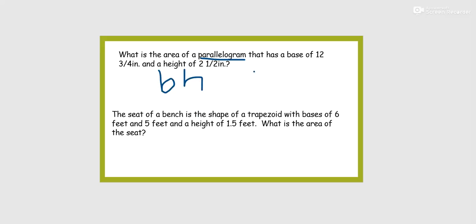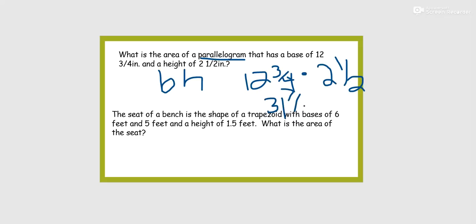So all we have to do is take 12 3/4 and times that by a height of 2 1/2. And when we put those together, we will get 31 7/8 inches squared.